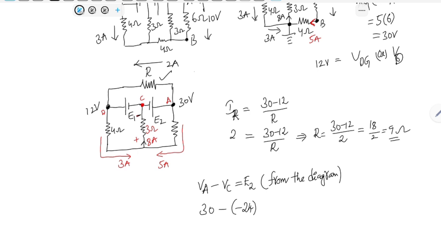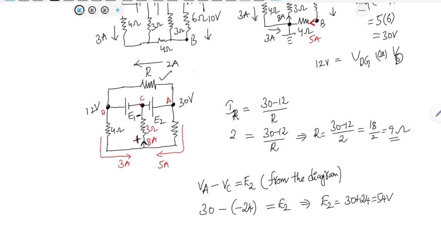Because this is negative here and this is positive here, because current is entering vertically upwards. So you have a negative voltage at node C and its value is minus 24. Therefore E2 is equal to 30 minus of minus 24, so 30 plus 24 is equal to 54 volts.